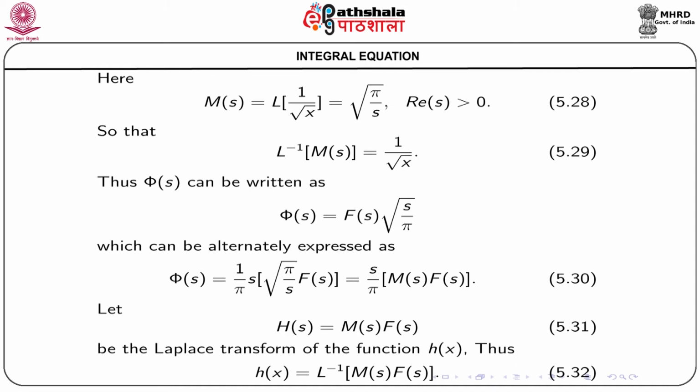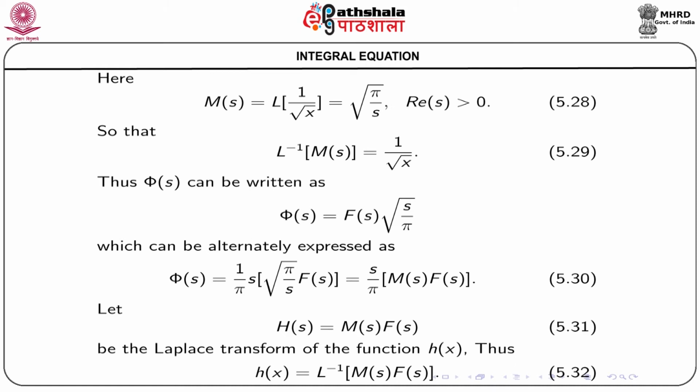And if you recall that Laplace transform of convolution of two functions is the product of transformed functions. So, Laplace inverse of product of transformed functions gives back the convolution of two functions.